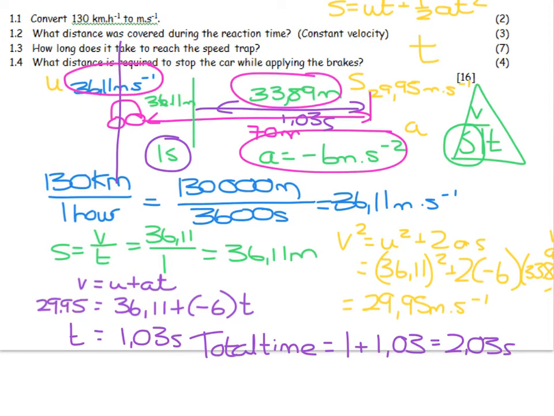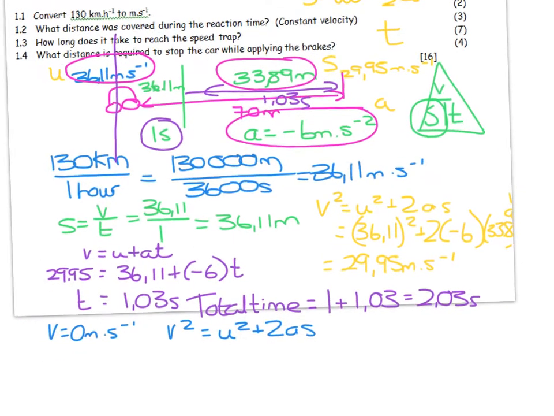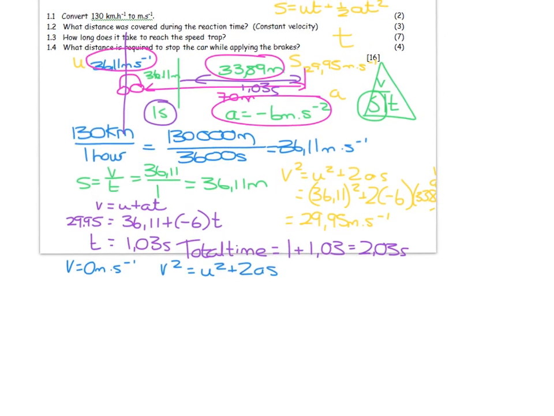Then finally they say what distance is required to stop the car while applying the brakes. That's a whole lot easier to calculate because we now have a final velocity. My final velocity would be 0. And they want to know a distance, so if I go v squared equals u squared plus 2as, and I substitute all of that information in, I will land up with 0 is equal to my starting velocity, 36,11.